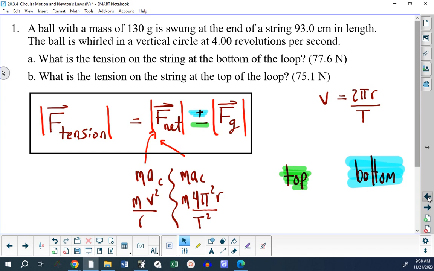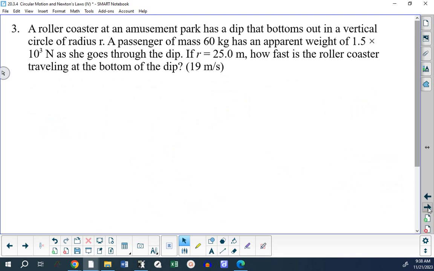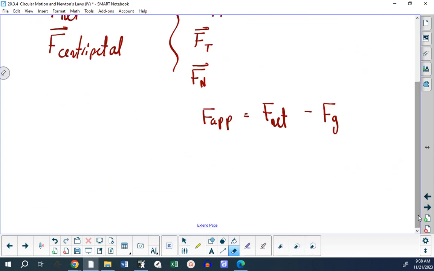If we would have done all of this with free body diagrams, your free body diagrams would lead you to this conclusion here, and down here, they would lead you to this conclusion. And clearly, if you subtract the other way, you won't get negative 427, you're going to get positive.